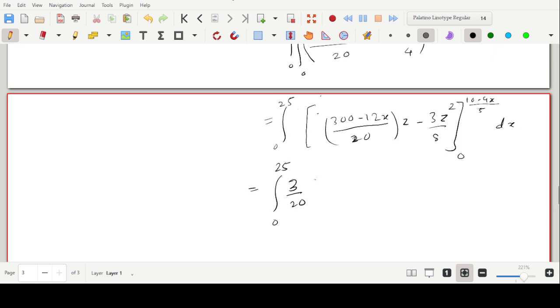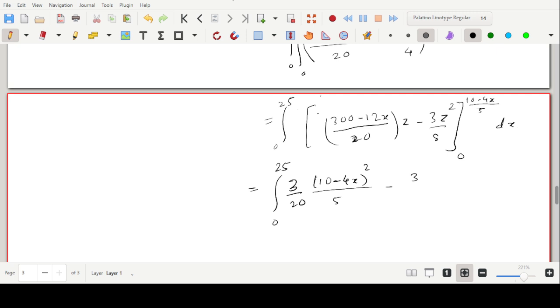So it is 10 minus 4x the whole square over 5, minus 3z square.